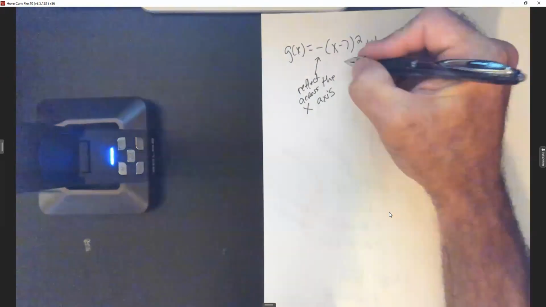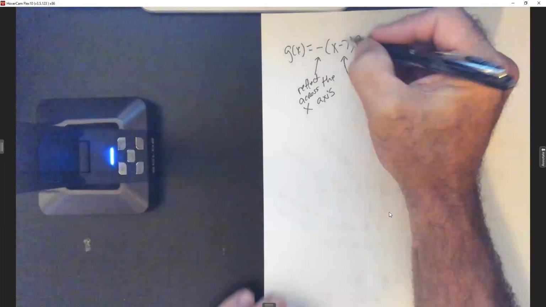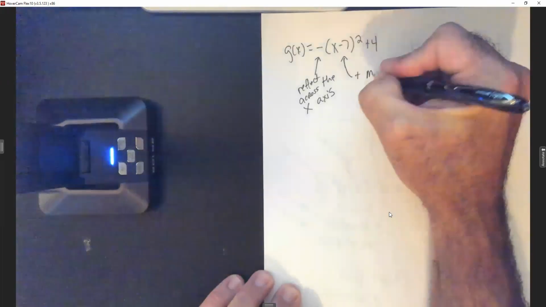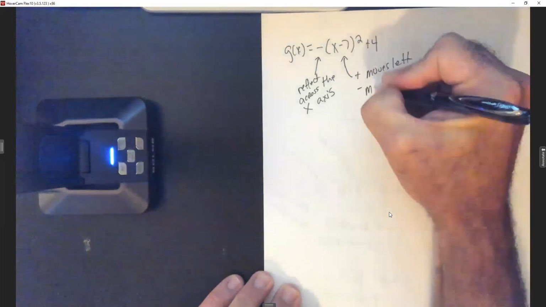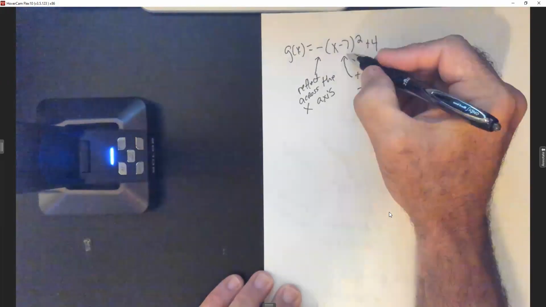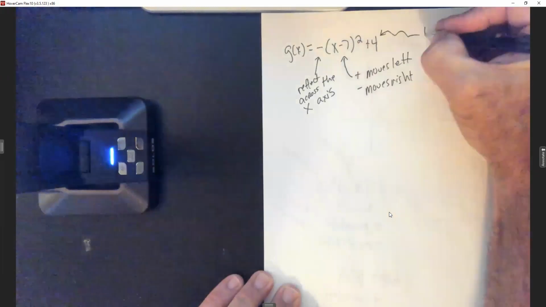Now, I'm inside the parentheses here. So once again, positive would move left. Negative moves right. That takes care of the part inside the parentheses. And then where I got that +4, positive moves up.